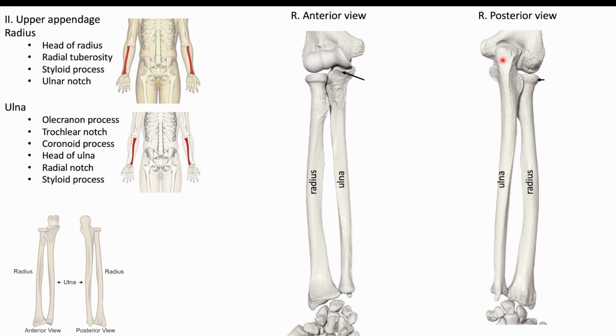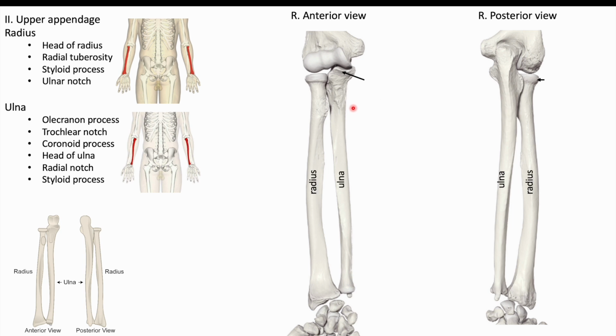So this right here is the olecranon process, and the notch, the actual divot which you see here, is called the trochlear notch, where it's going to combine with the hinge of the trochlea that we saw earlier from the humerus. So remember, this is the trochlea of the humerus. It is going to be supported by the trochlear notch of the ulna.